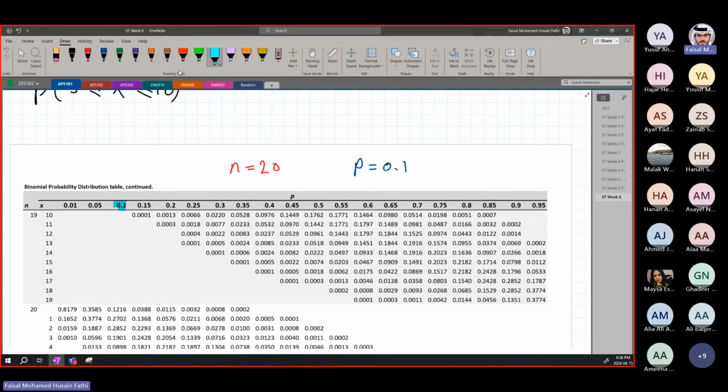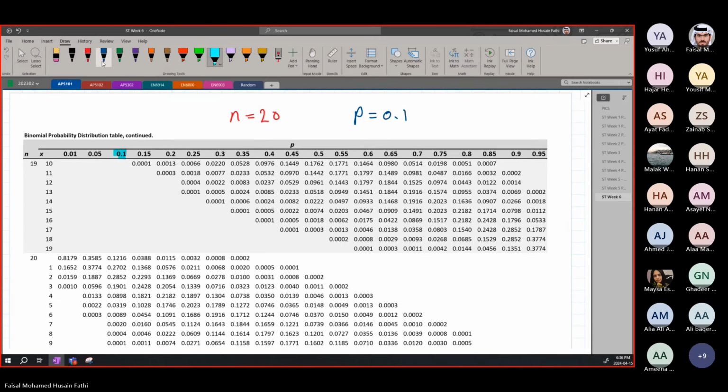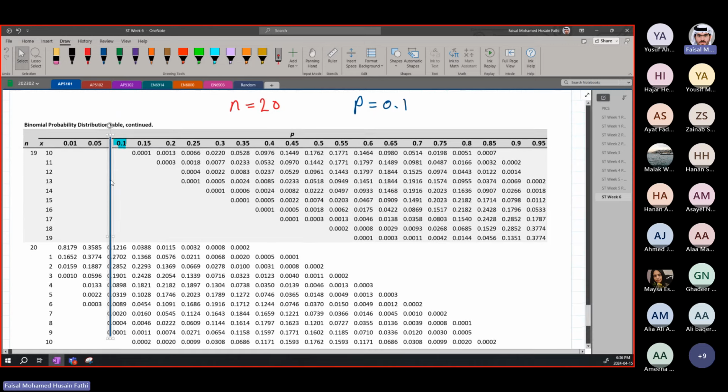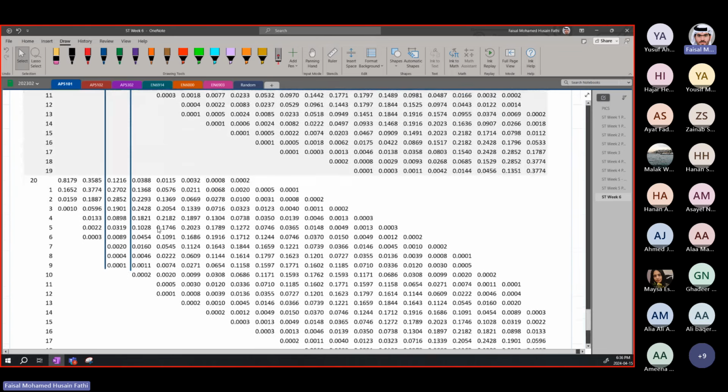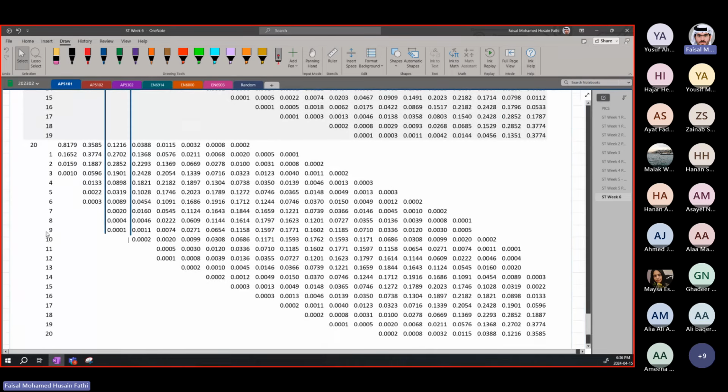Okay. So we're going to draw our lines like this. For the values of 0.1 over here and over here, it's going to be between these two lines. Okay. For 20. If you notice one thing, the P of 10, 11, 12, 13, 14, 15, 16 is all not given.